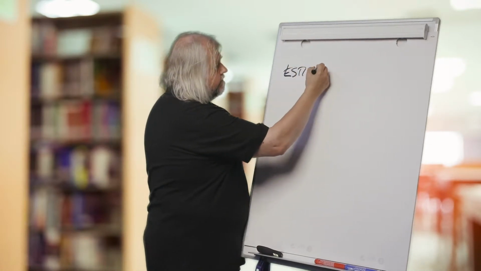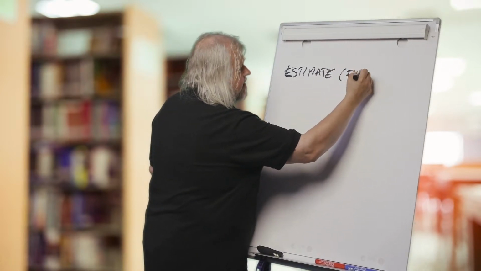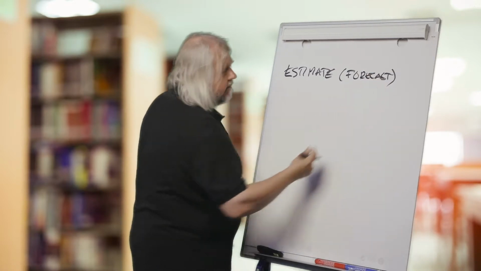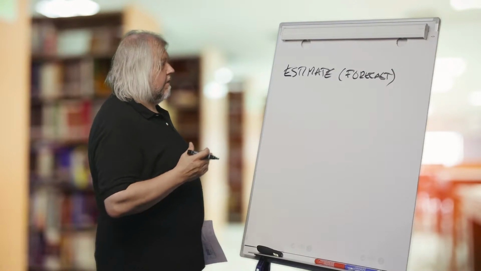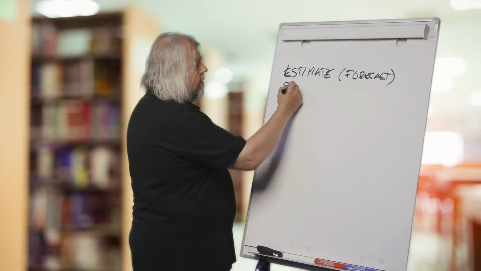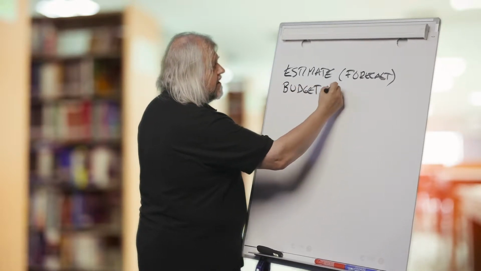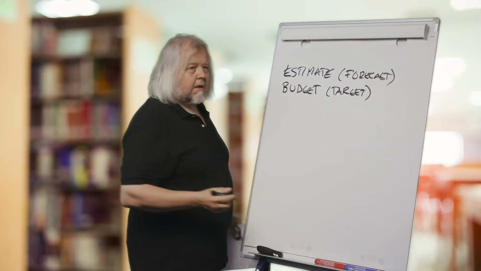So we are recording estimates, which have the nature of a forecast, which is updated all the time towards the completion of the project. Then we are recording budgets, which have the nature of being a target.